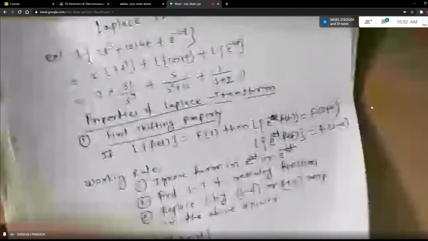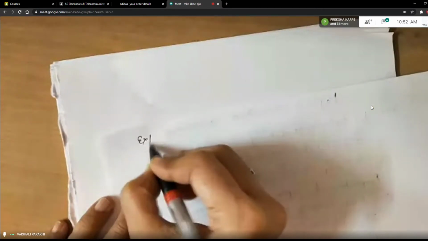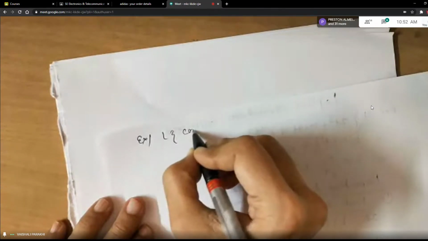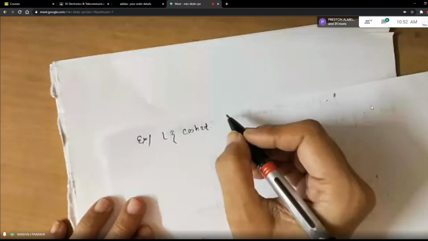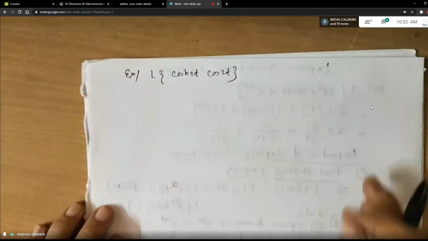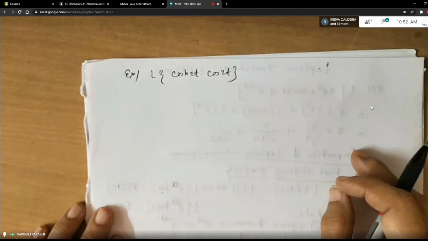Okay, let us go to another example. Find Laplace of cos hyperbolic 2t multiplied by cos of 2t. Find Laplace of cos hyperbolic 2t into cos 2t.